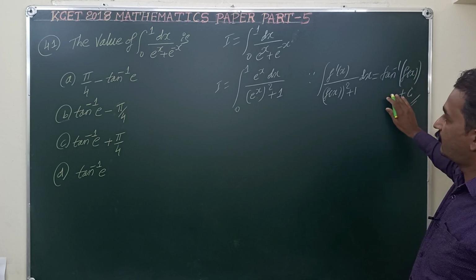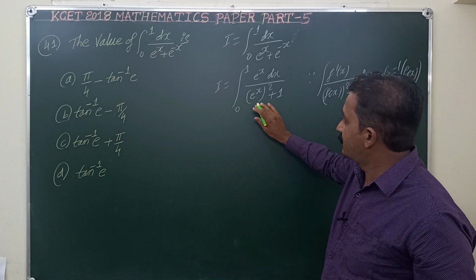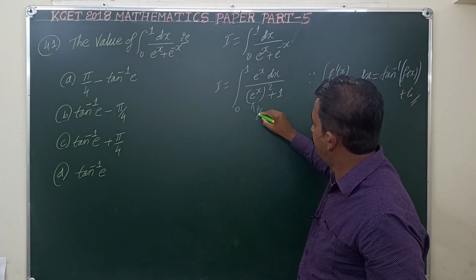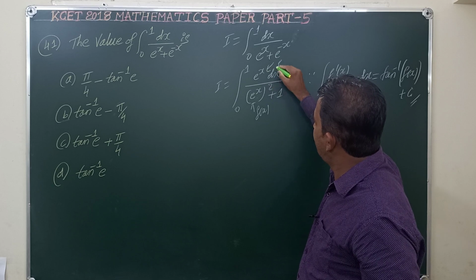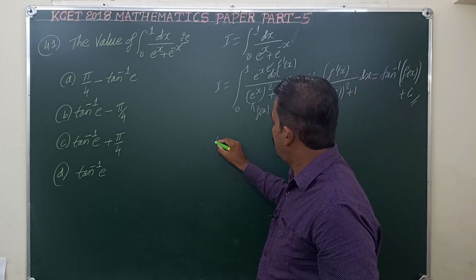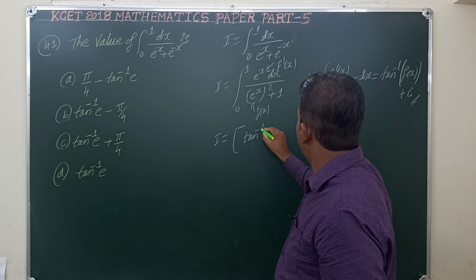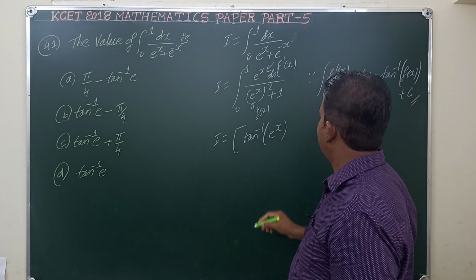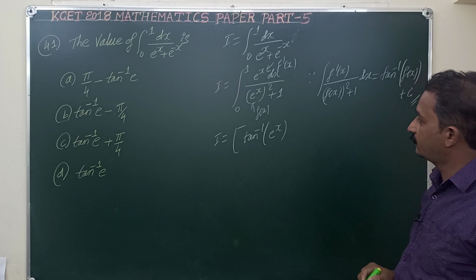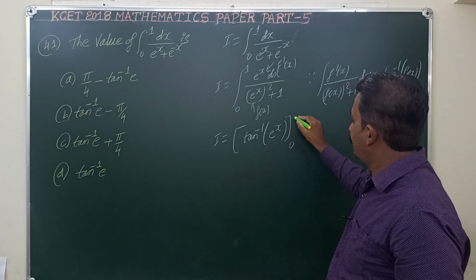So using this formula directly we can write the answer. This is f(x), this is f'(x). So I is equal to tan inverse of e^x is the answer in this case. Now apply the limit.